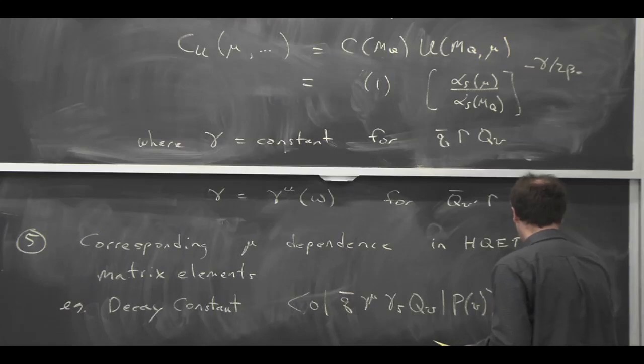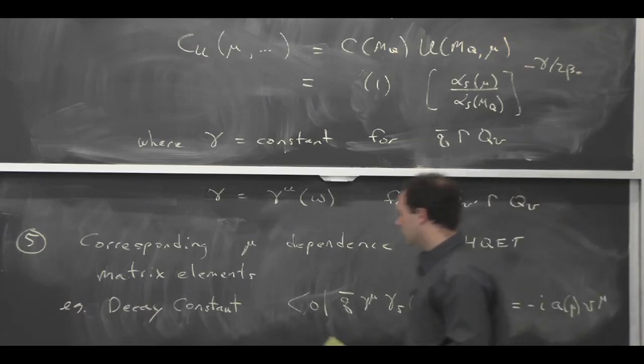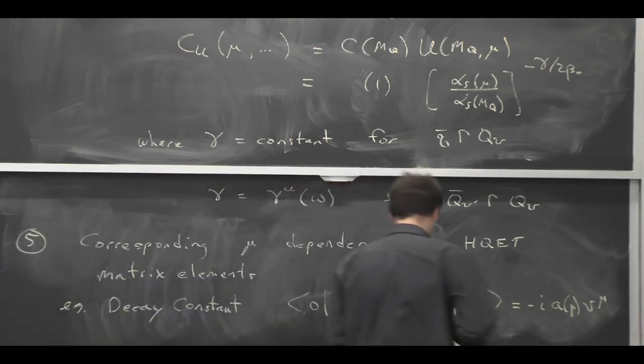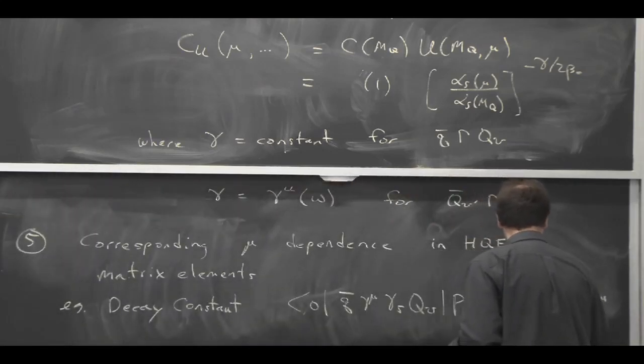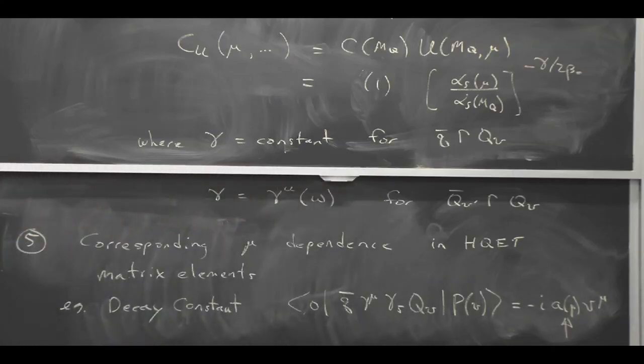And we figured out that this was giving some A times v^mu. And now I'm telling you that you should think of the A as a function of mu. The matrix element here is a function of mu. Okay, so that's just a slight modification to what we talked about last time.